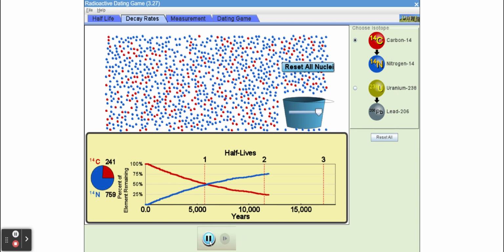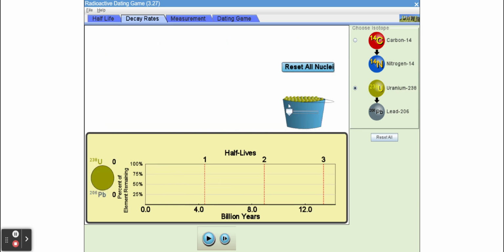And then after the third half-life, it's roughly 1/8 left. So a half, a quarter, an eighth. 50%, 25%, 12.5%.